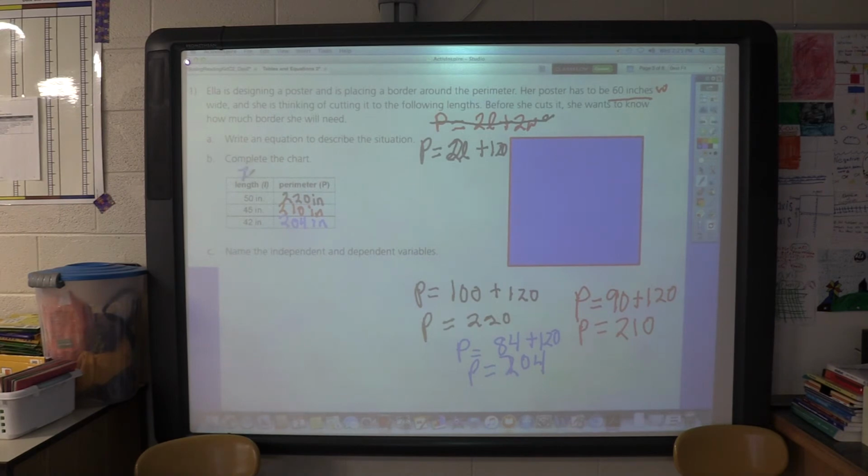Here, I'll put independent variable here. And the width is also independent. So I'm going to go ahead and say length and width are independent because they determine the perimeter. And P for perimeter is dependent. It's going to be dependent because it depends completely on the value of the length and width for its value.